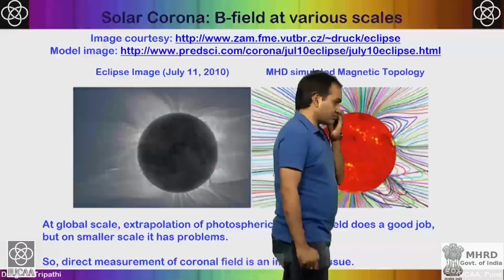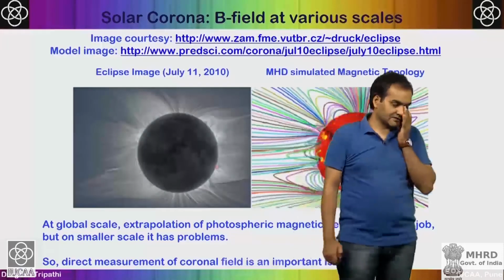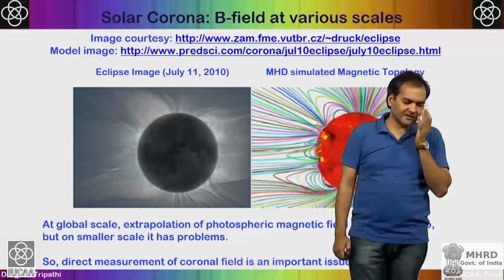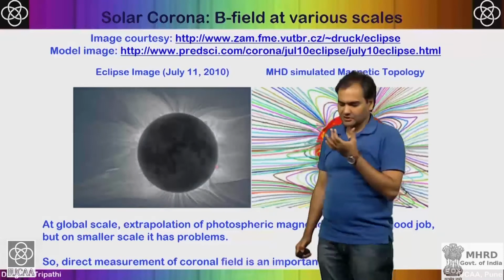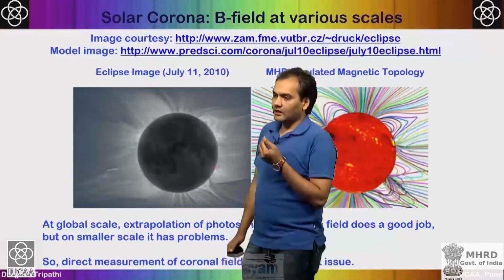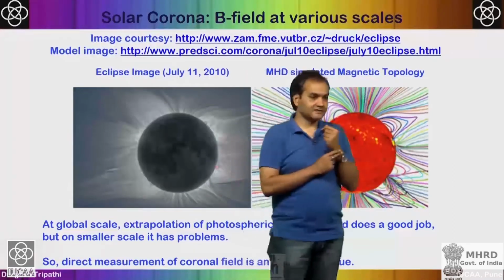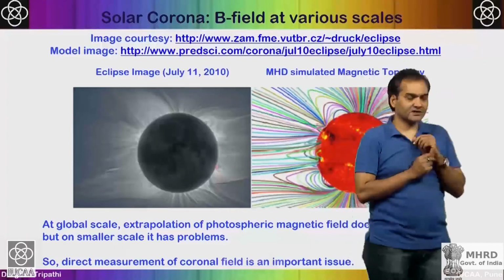Now, the problem is that it is very difficult to measure the magnetic field in the upper layers, particularly in the corona, because the gas is very hot and the signal is very weak because the density is low.